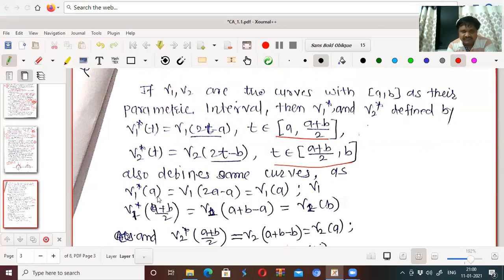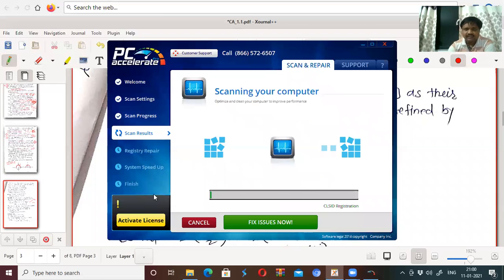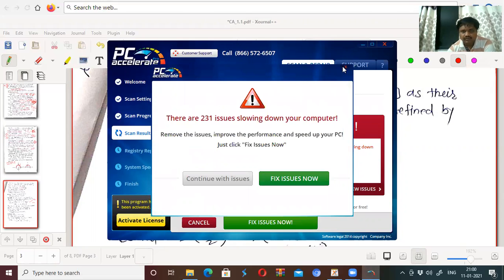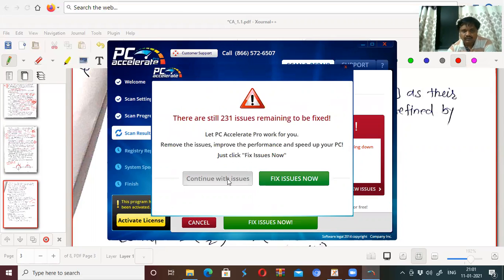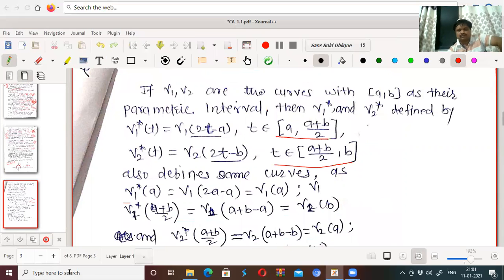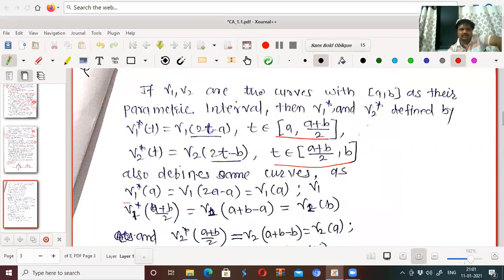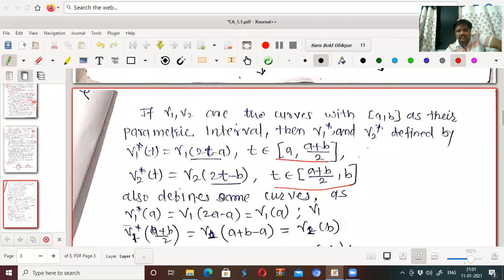Gamma 1 star is defined by gamma 1 at 2t minus a for t belongs to a to a plus b by 2.